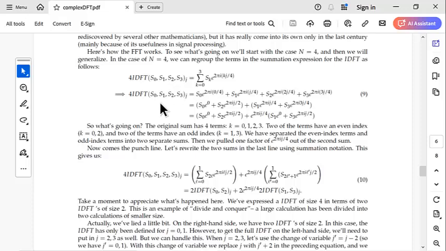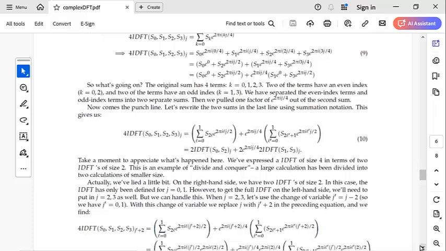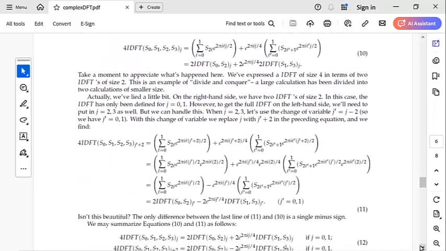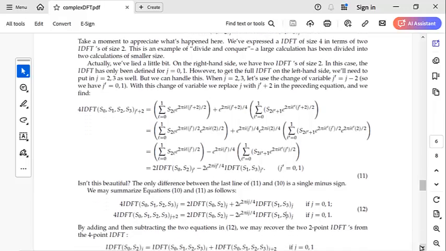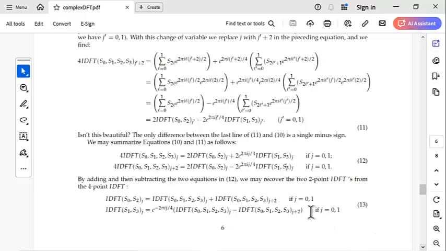And so we have this. So when we have these expressions down here, which is what I'm going to be using, I can get this 2-point FFT from this. This here is just going to be small s of j, and this is small s of j plus 2. Okay, and same thing here.